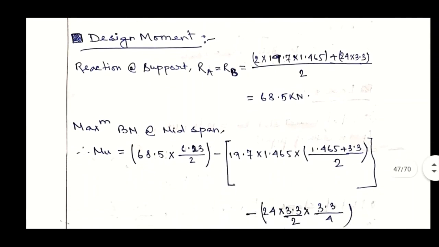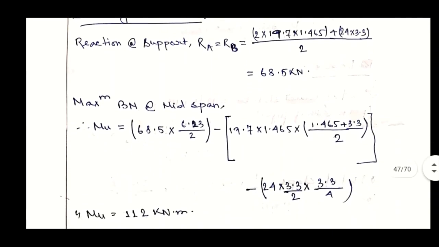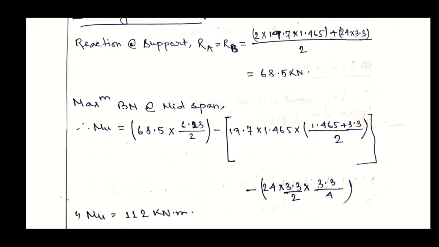Now maximum bending moment at mid span, Mu is equals to 68.5 into 6.23 by 2, that is total span by 2, minus within third bracket 19.7 into 1.465 into within first bracket 1.465 plus 3.3 by 2 bracket close, third bracket close, minus within bracket 24 into 3.3 by 2 into 3.3 by 4.